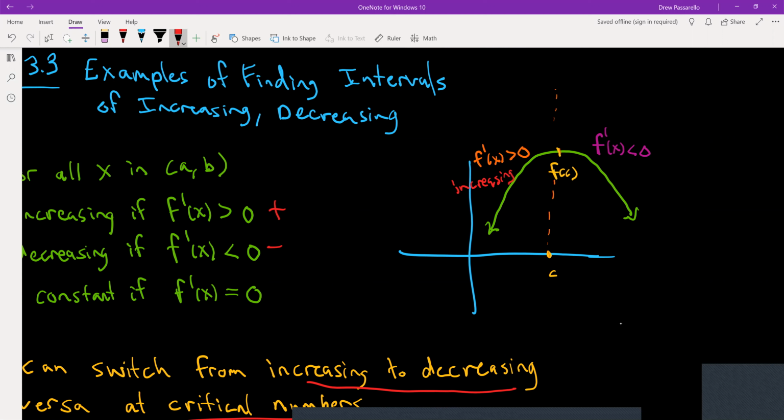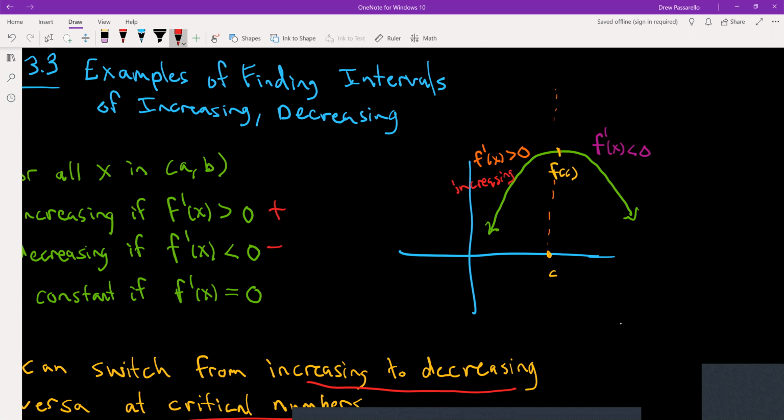Then you plug each test value into the derivative and make note of the sign. Recall if it's positive, so f prime of x greater than 0, that means the function is increasing. If the sign is negative, so f prime of x less than 0, the function is decreasing. That is the strategy you're going to use to determine these intervals.